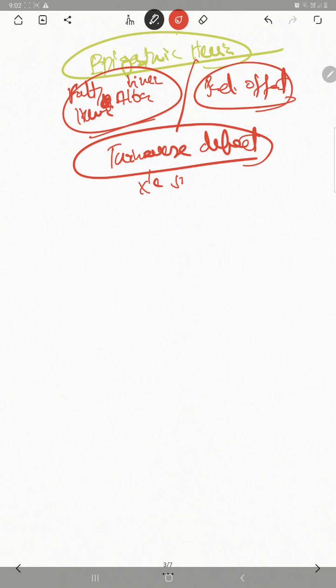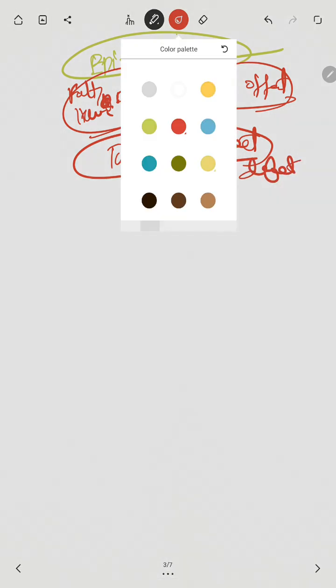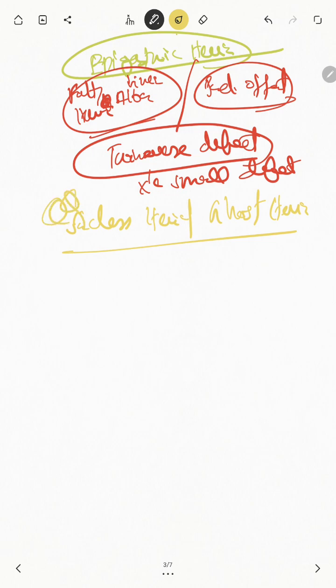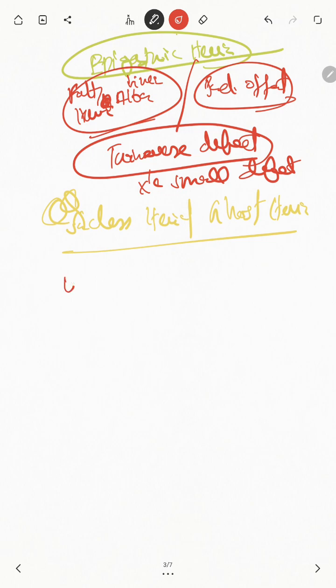There could be multiple small defects, and it is also called a sackless hernia or a ghost hernia. Remember these synonyms.